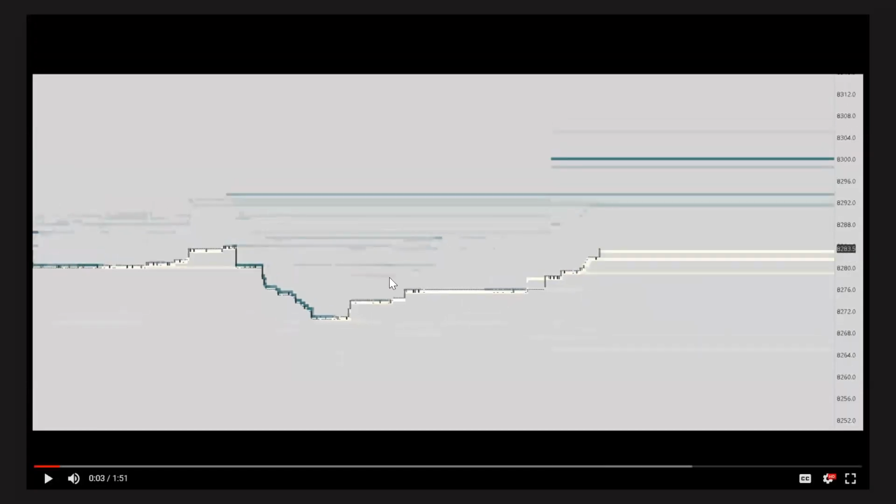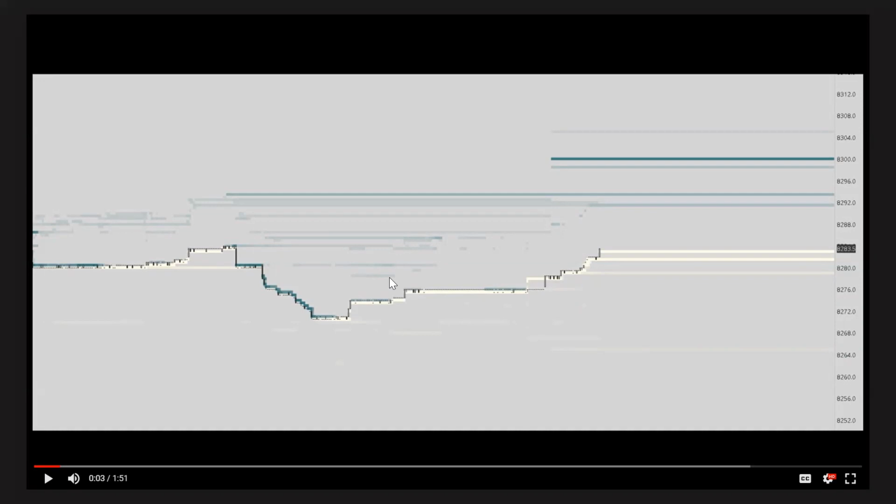Okay, so this is a heat map, and all that is, as I explained last week, just a visual representation of the order book. The white or cream is buy limits, and the blue, I think, is sell limits.